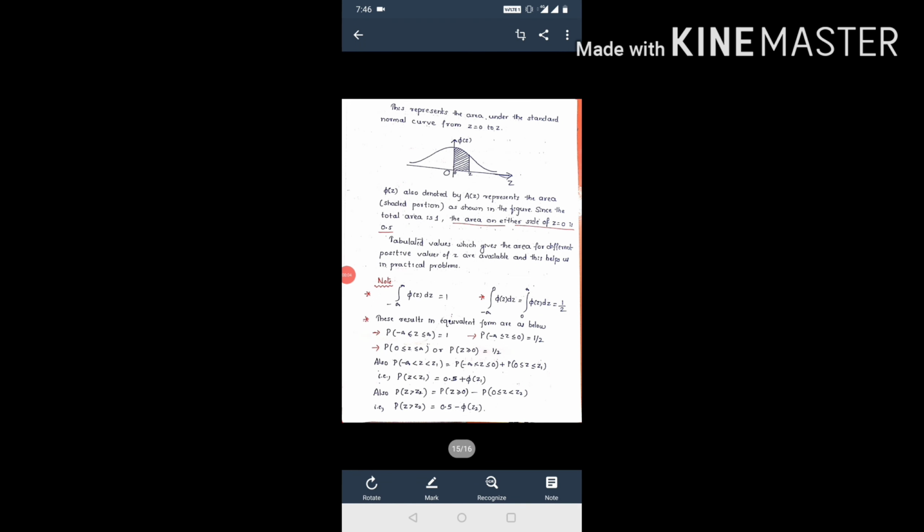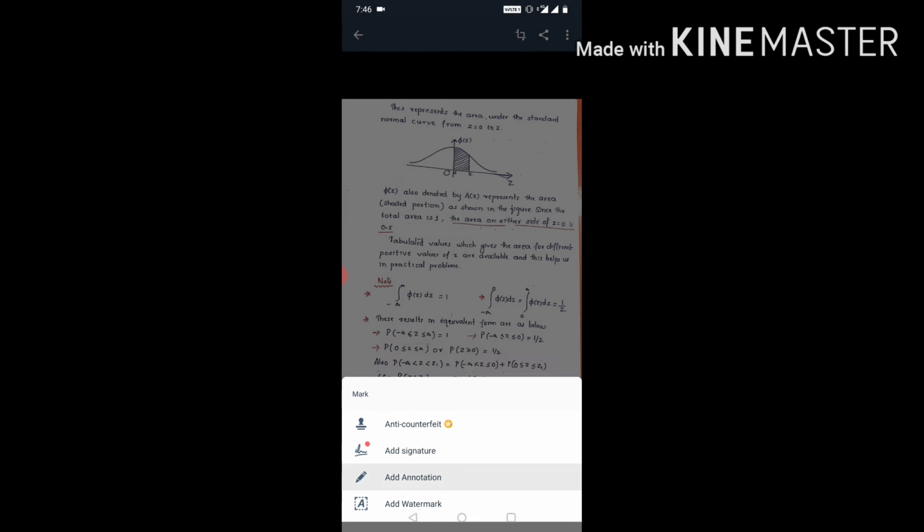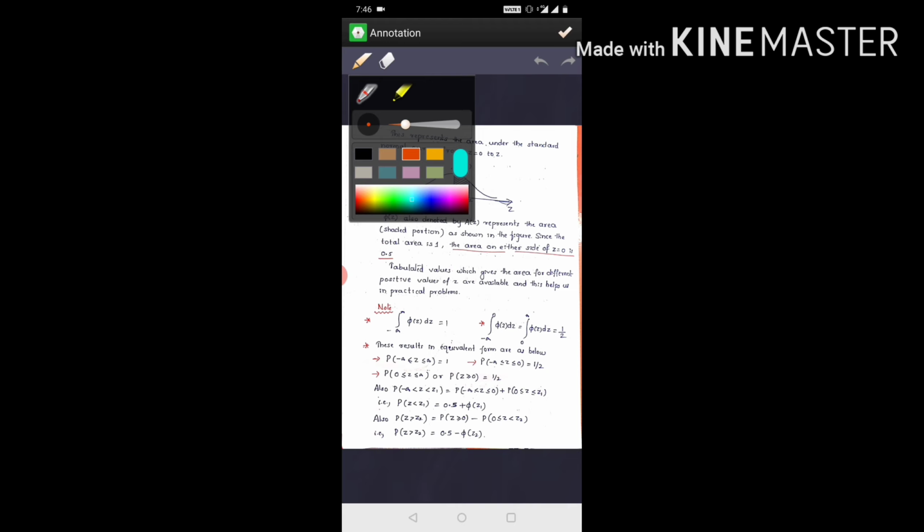That equation represents the area under the standard normal curve from z equal to 0 to z. That curve is shown in the figure. The shaded portion we are looking at represents the area under the curve, that is phi of z.